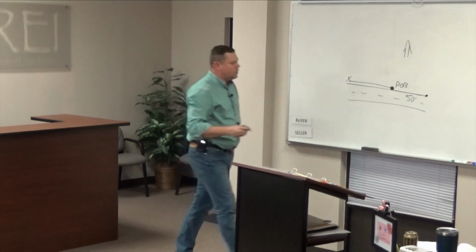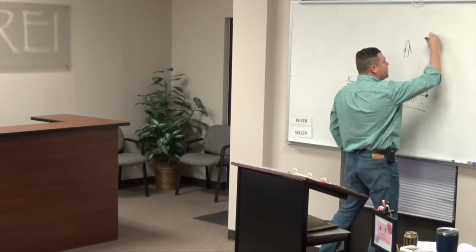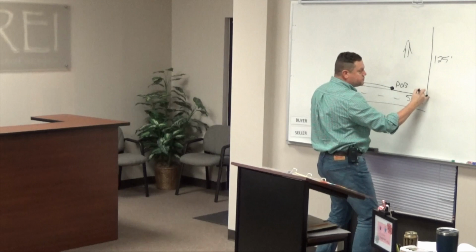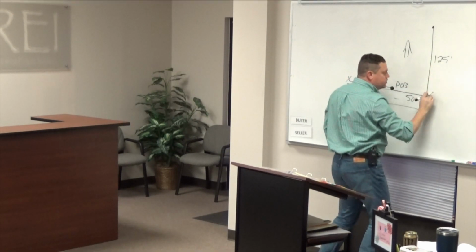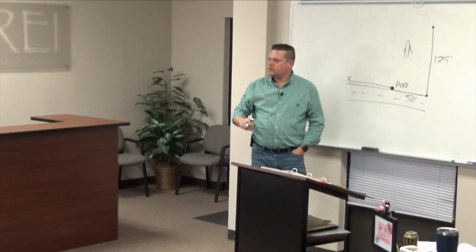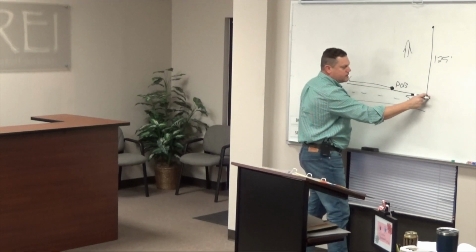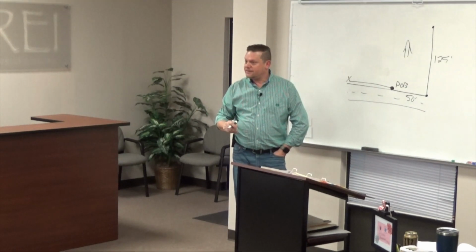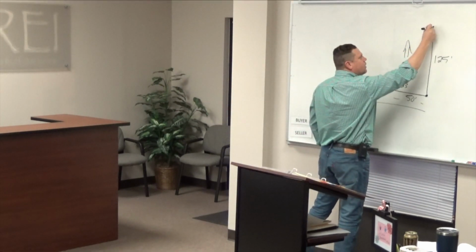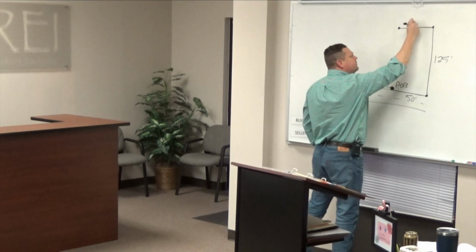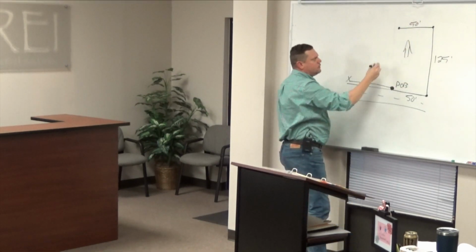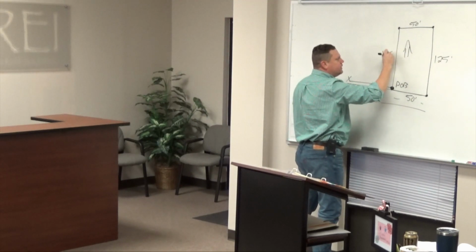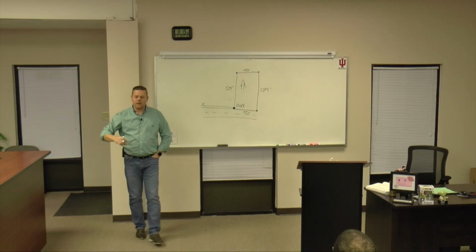From there, we also know that the lot is, let's say, 125 foot deep, so we're going to go from this point to another point 125 feet north. Then we're going to come back west another 50 feet to another point. And then we're going to finish this by going 125 feet south back to the point of beginning.